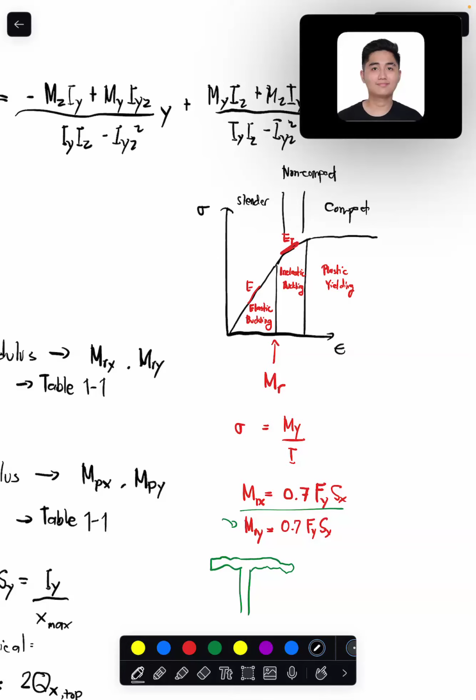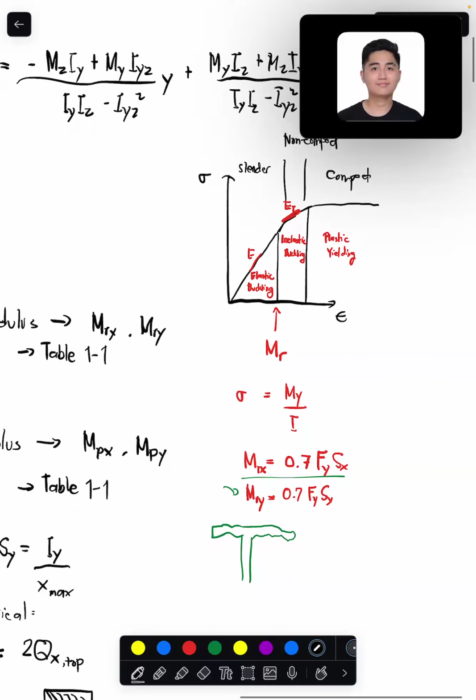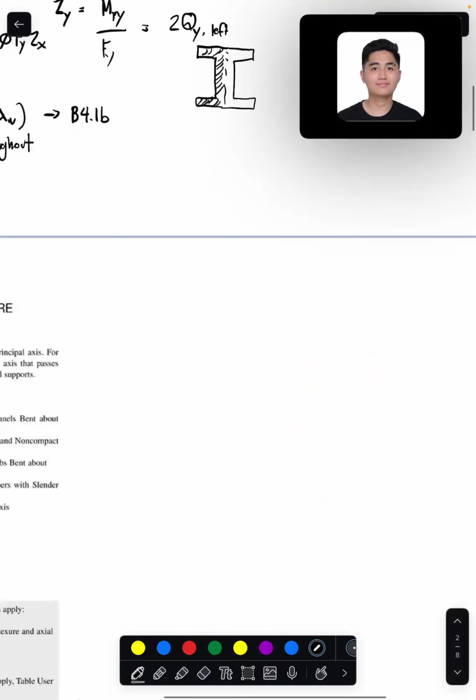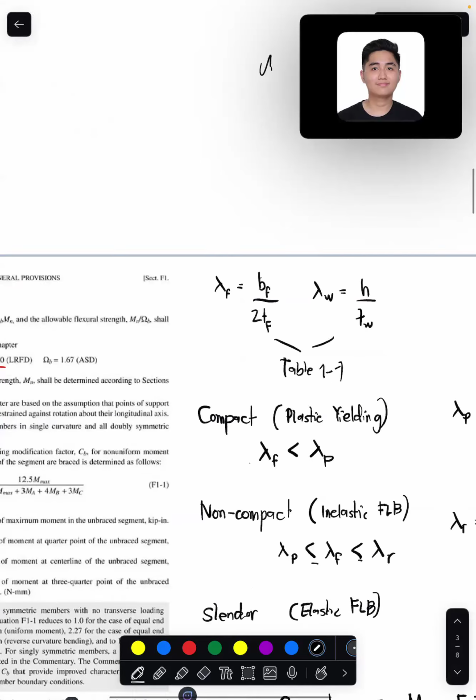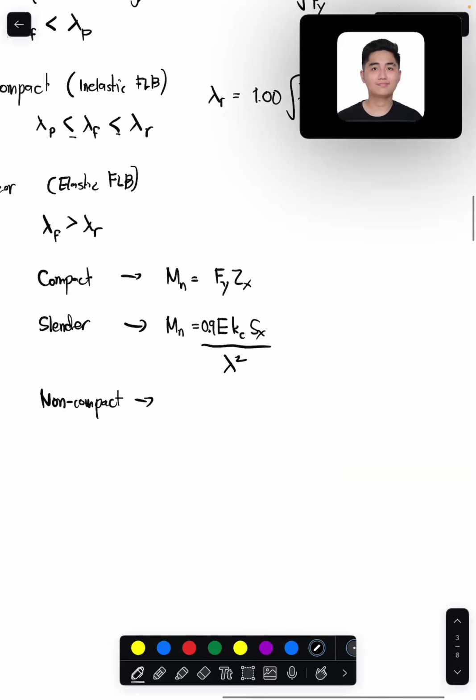So essentially, what we're trying to do with non-compact section, and based on experimental results naman, allowable na i-interpolate mo between, so yung value nito, yung MN, is somehow in between MR at saka MP. Ganun palagi siya. Ang tanong na lang, paano mo makukuha specifically yung value? We simply have to interpolate.